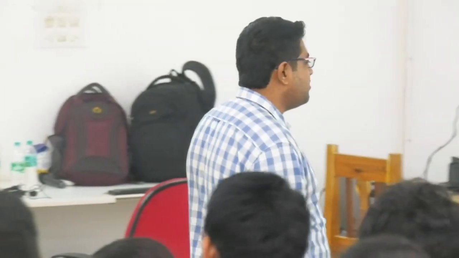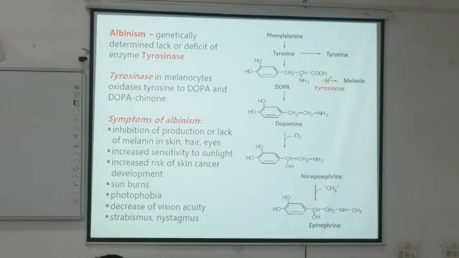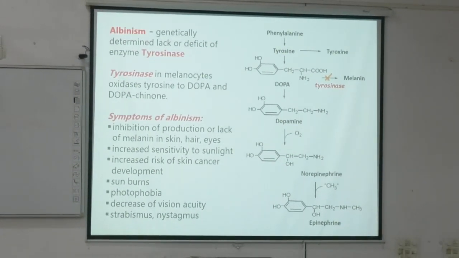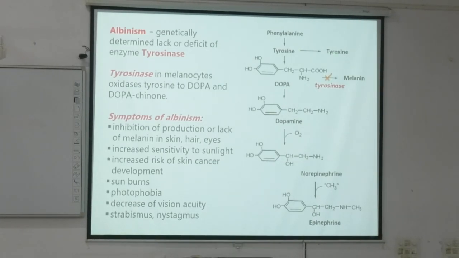Photophobia, sunburns, vertigo, nystagmus, diplopia, and also decreased visual acuity. So this is the third inborn error of metabolism disease, and that is albinism, caused by the deficiency of the enzyme tyrosinase.